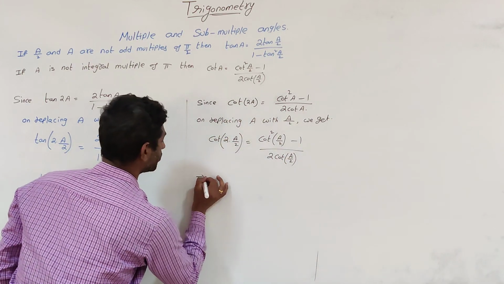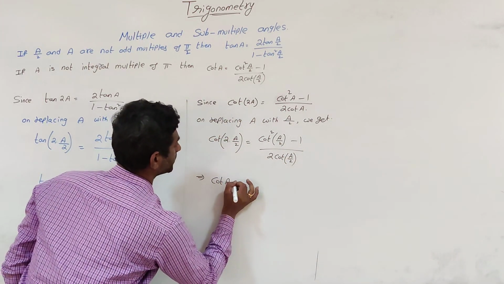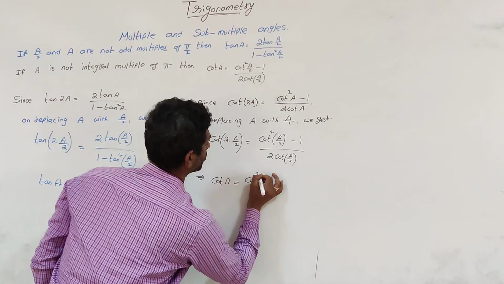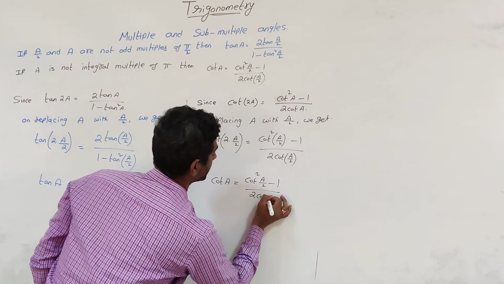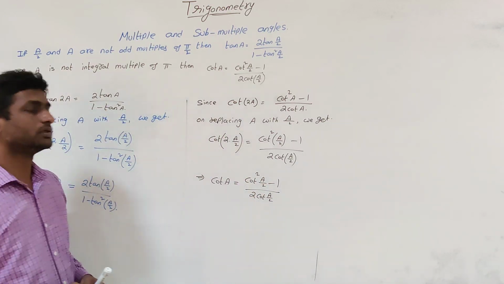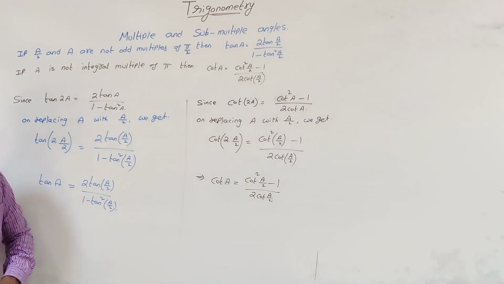That gives what? Cot A is equal to (cot square A by 2 minus 1) by 2 times cot A by 2. So these are the half of the angle.